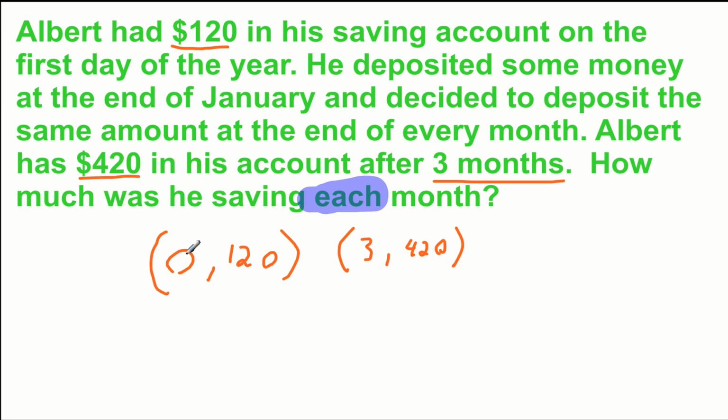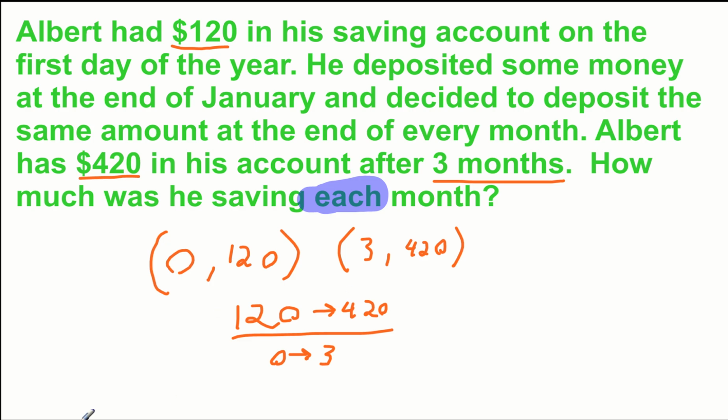Slope is change in y over change in x. Our y values are going from 120 to 420. x values are going from 0 to 3. If you're ever not sure how much we're increasing or decreasing to go from one to the other, you can take the second one and subtract the first one.